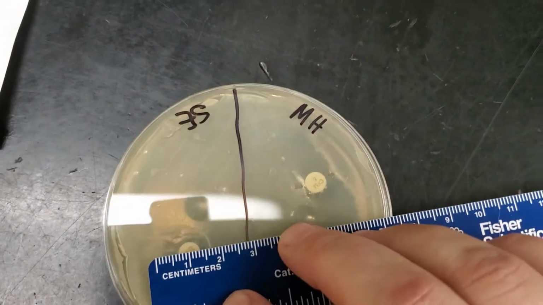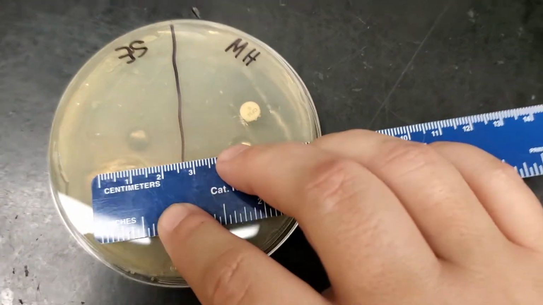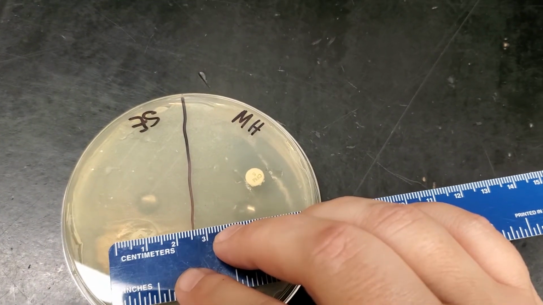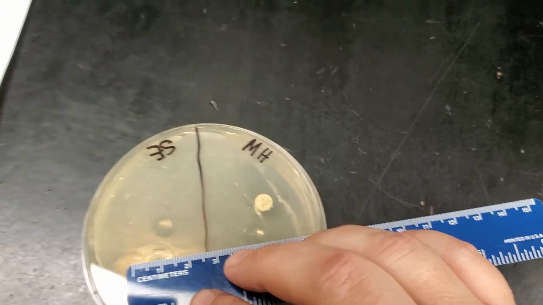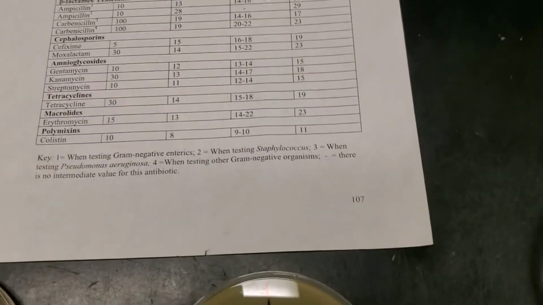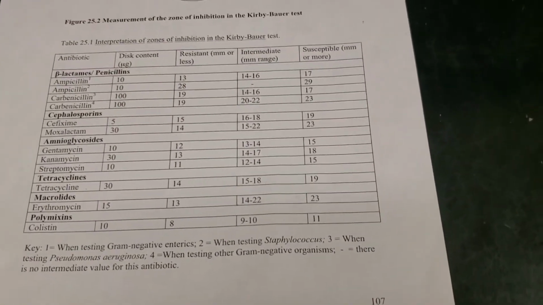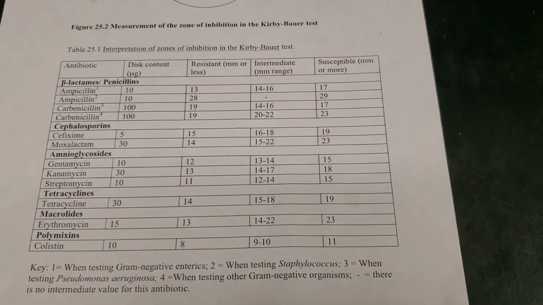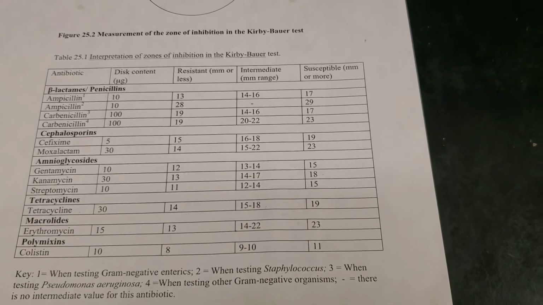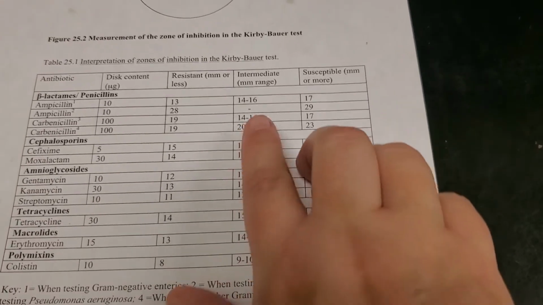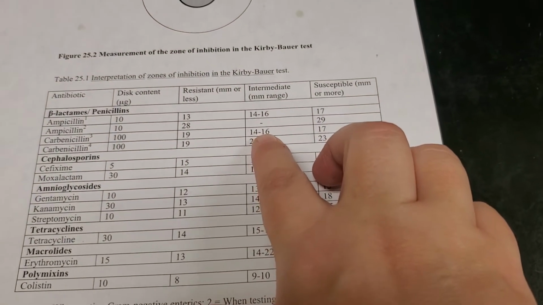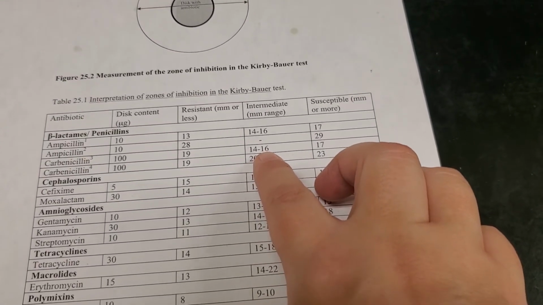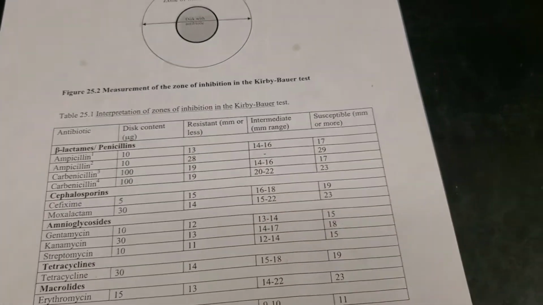Finally, we have our Staphylococcus plate. For Staphylococcus, when we measure the zone of inhibition, it looks like 1.5 centimeters, 15 millimeters, and that's for carbacillin. For carbacillin, 15 millimeters is intermediate. So Staphylococcus has an intermediate resistance to carbacillin.